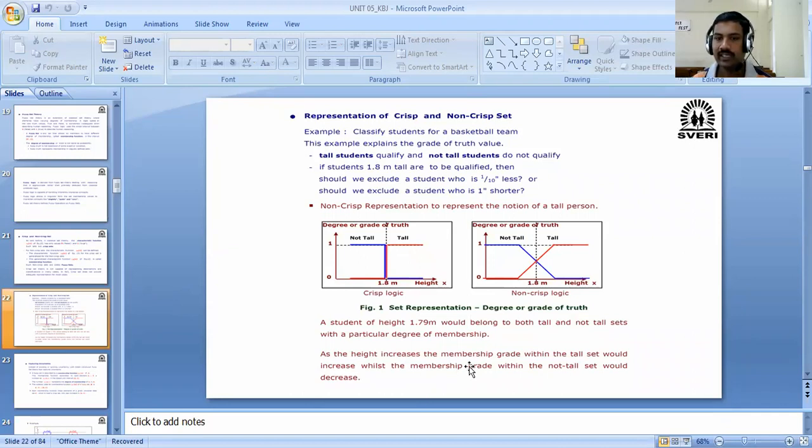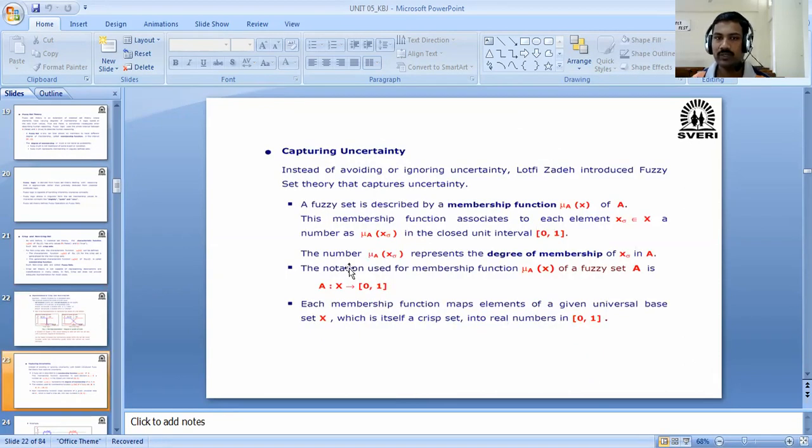Okay, as height increases, membership grade within the tall set would increase and decrease. Okay, capturing uncertainty. Now how can we find out uncertainty? Instead of avoiding or ignoring uncertainty, we are introducing fuzzy set theory that captures uncertainty. Means the innovator of this fuzzy logic has introduced this fuzzy set theory. Okay, next in that, mu A(x) is represented as a membership function of any set.